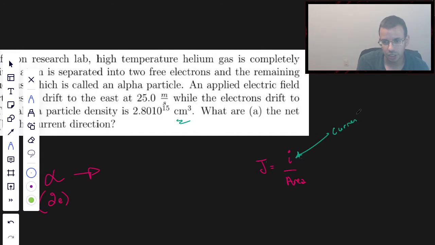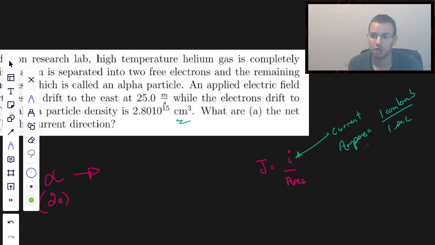The unit for current is the ampere, and an ampere is 1 coulomb per second. What it means is you're counting how much charge is moving past a point, using coulombs to measure the charge and seconds to measure the time.